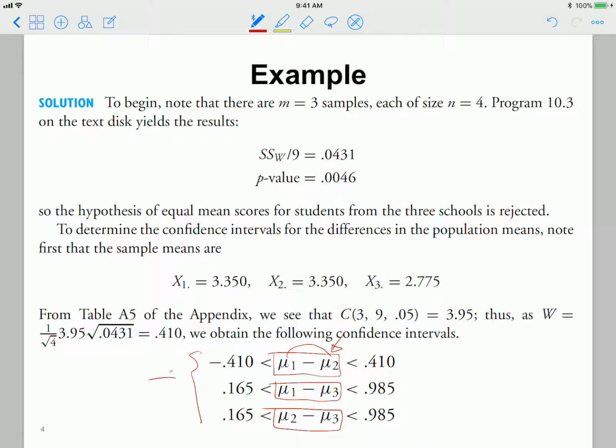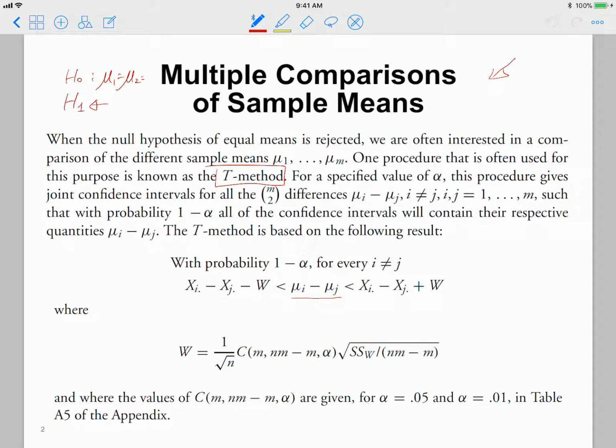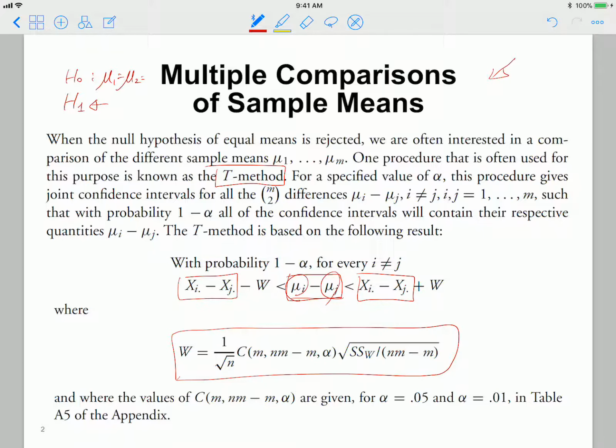Okay, so in order to obtain this interval estimate, we utilize a confidence interval. If you recall what we did in the confidence interval, we first think of the difference between the two parameters, and then we have estimates of each of these parameters.